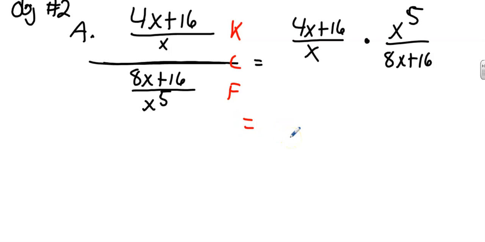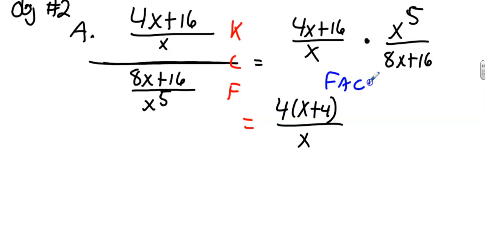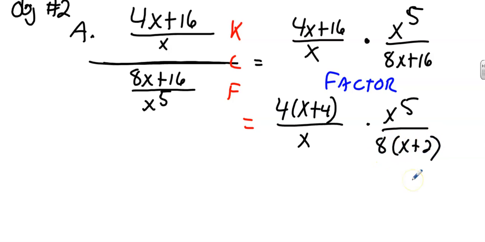Okay. From there, you do have to factor. So you've got 4x plus 16. You can factor out a 4. x to the 5th is pretty much stuck. Nothing you can do with it just yet. 8x plus 16, you can factor out an 8, 8 times x plus 2.